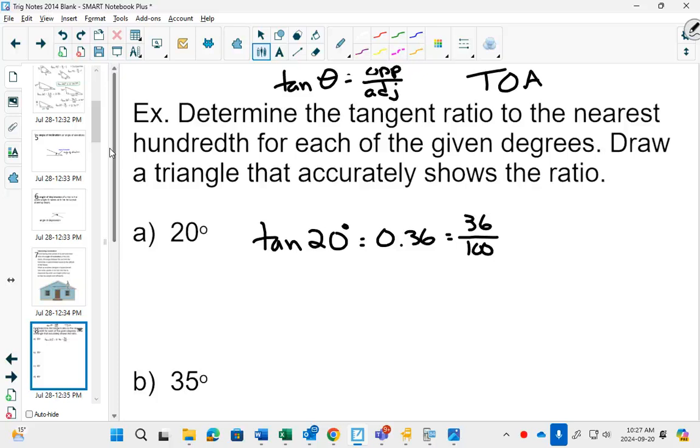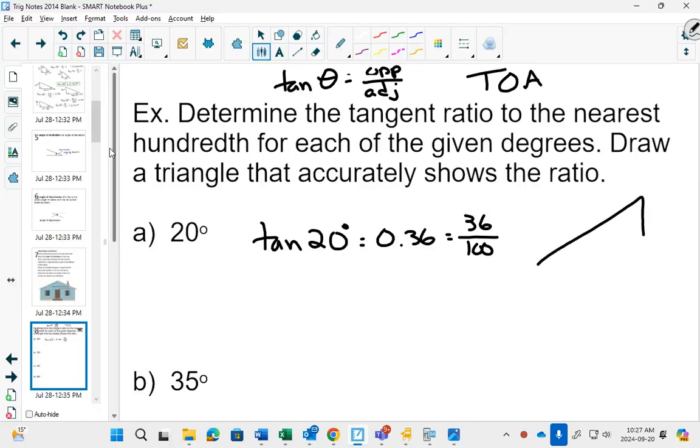You might have even had an older sibling ask you, are you doing trigonometry? Have you done SOHCAHTOA yet? And you're like, what? Because it sounds like a word you've never heard of. It is, because it is probably a word you've never heard of. Well, this is the TOA part of that word. Tan is the opposite over adjacent.